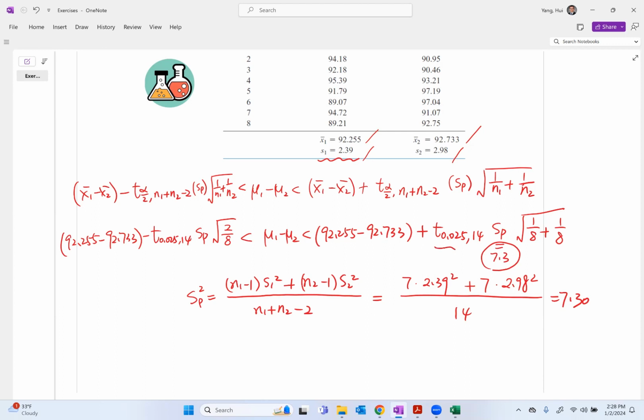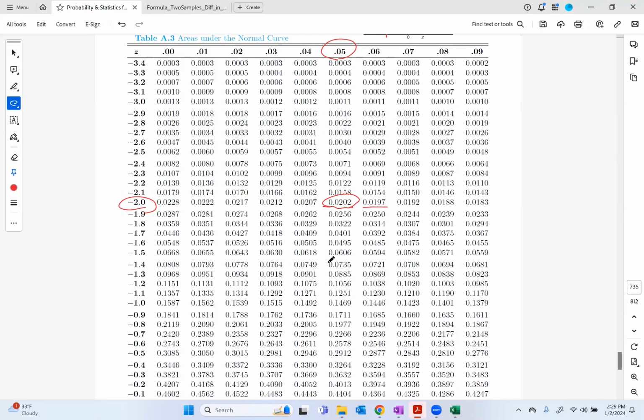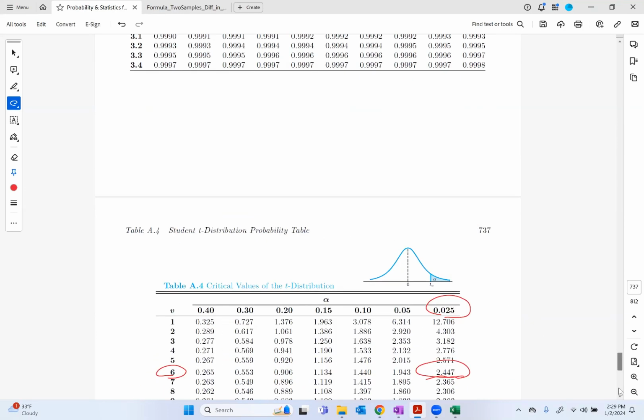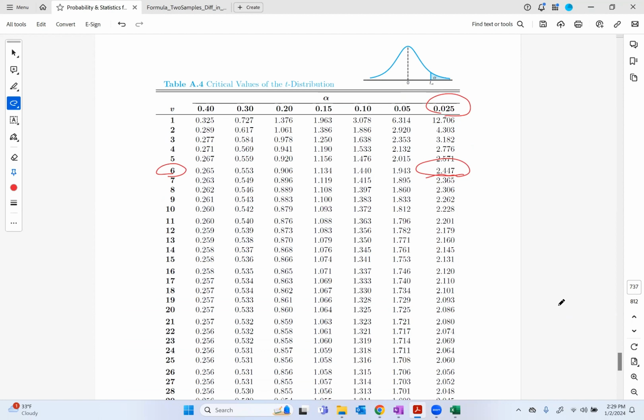Now we need to get t 0.025, 14. What is this critical value? Let's go to the t table. The t table is right here. 0.025, 14. It's right here.